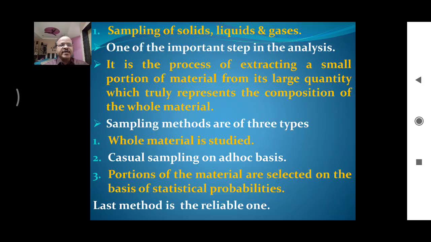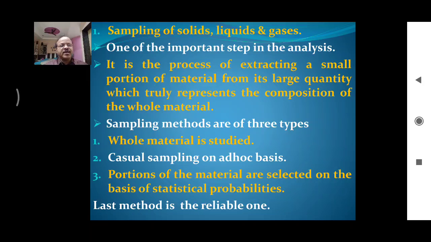The third method is that portions of the material are selected on the basis of statistical probabilities. By considering the statistics, meaning how much quantity of material is available, it should be divided into some portions, and from every portion we have to take the samples and analyze these samples.